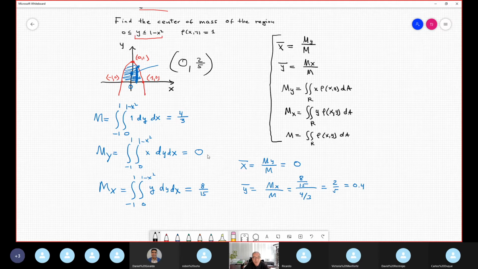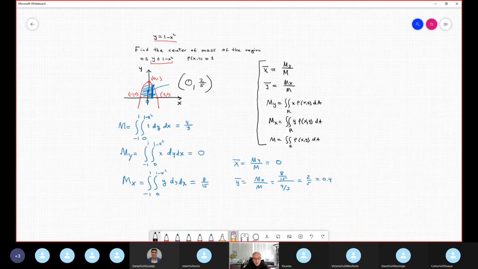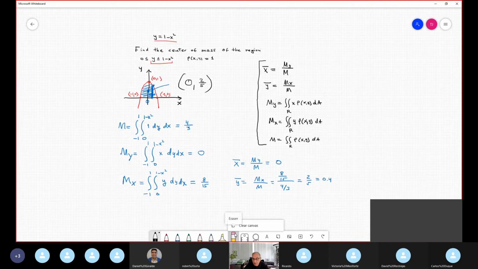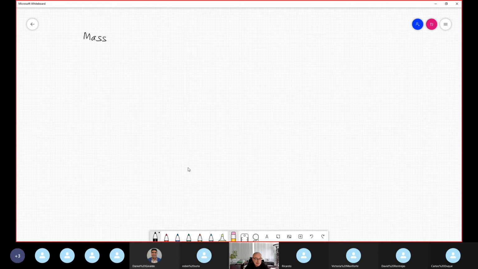Let me try. Any question? No question? Let me try another example. Similar. Okay, good. Let me try another example. In this case, I need to find mass. I need to find the center of mass.